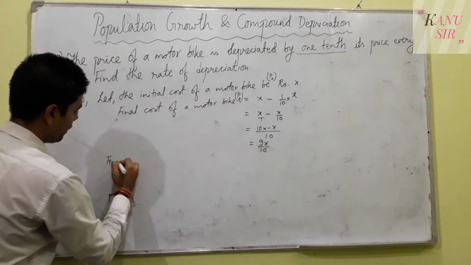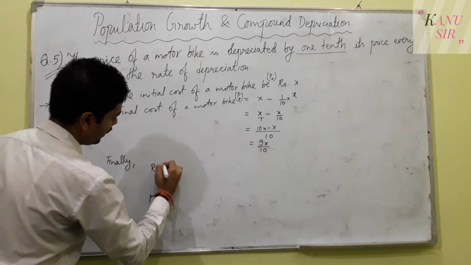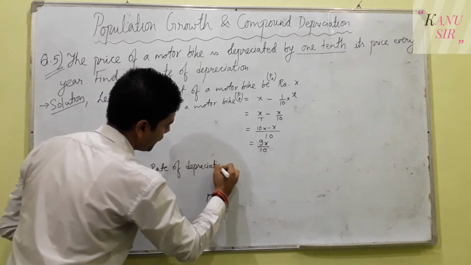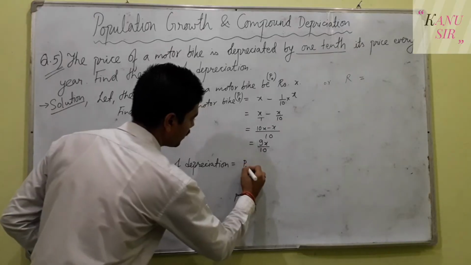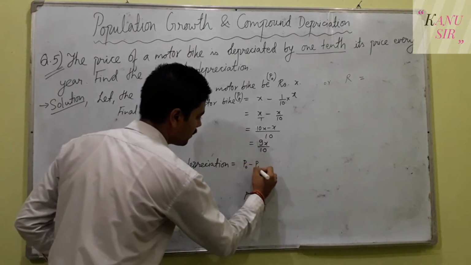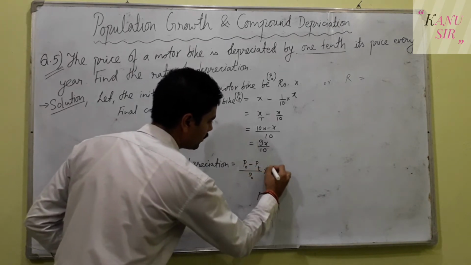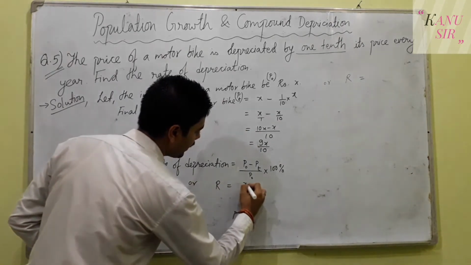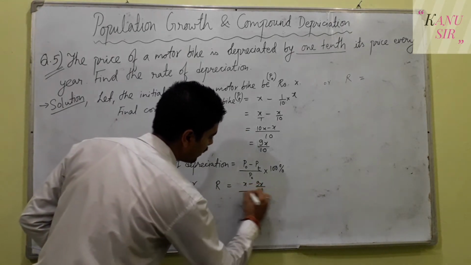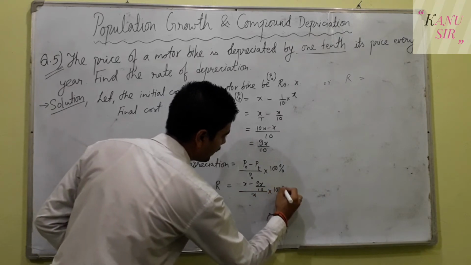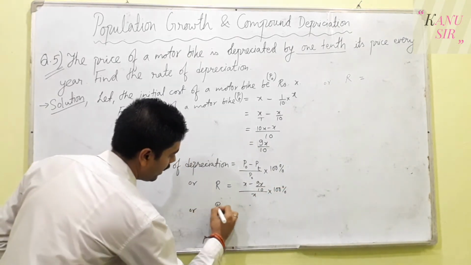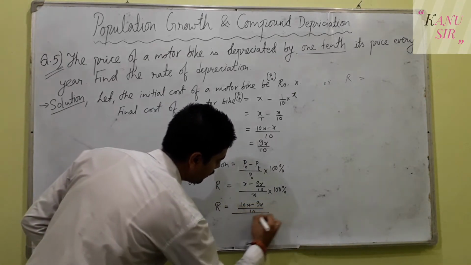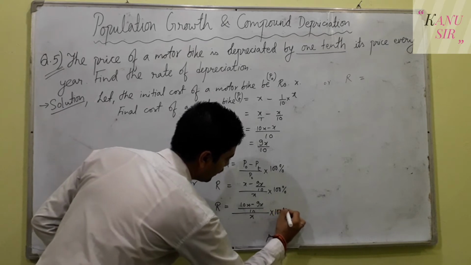Then finally you can write rate of depreciation is equals to initial minus final upon initial into 100%, or r is equals to x minus 9x upon 10 upon x into 100%, or r is equals to 10x minus 9x upon 10 upon x into 100%.